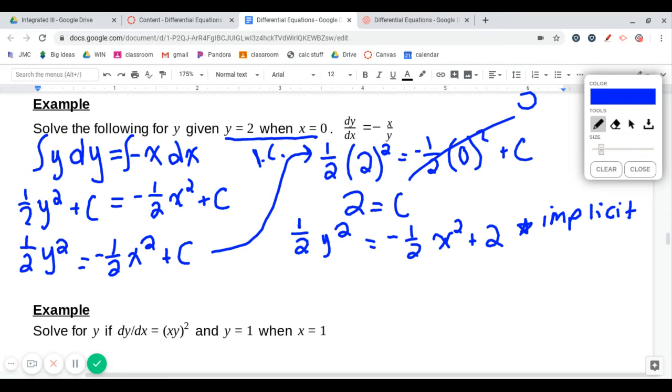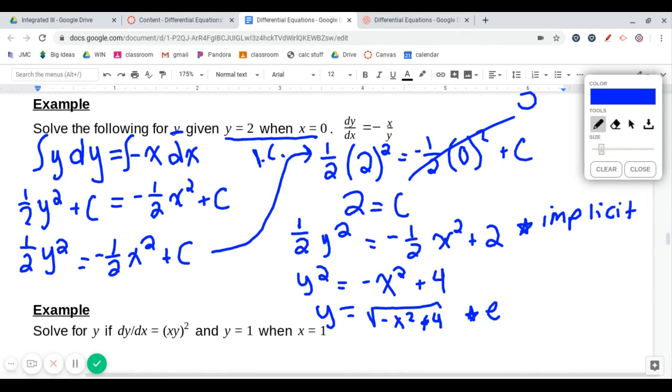So our question said solve the following for y, so they're looking for an explicit solution. So first we'll multiply both sides by 2, so we get y squared equals negative x squared plus 4. And then we'll take the square root of both sides, so we get y equals the square root of negative x squared plus 4, or 4 minus x squared. And this is the explicit solution.